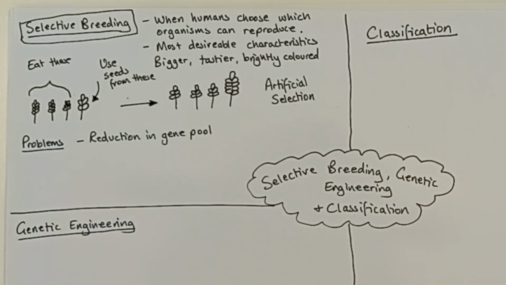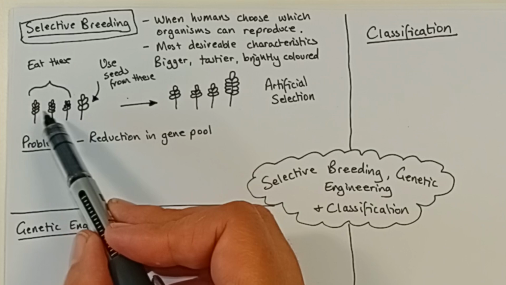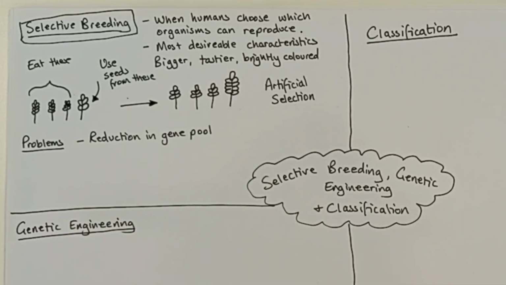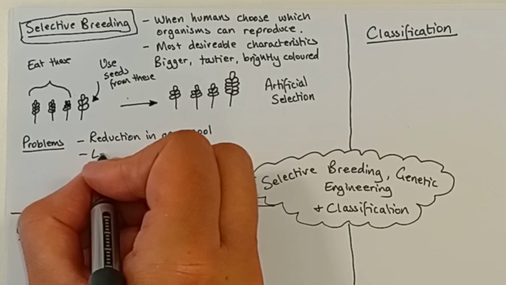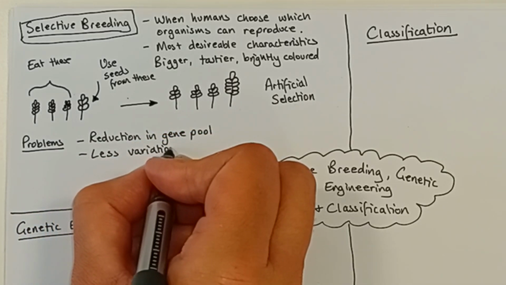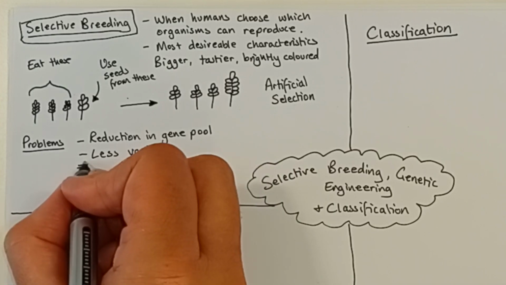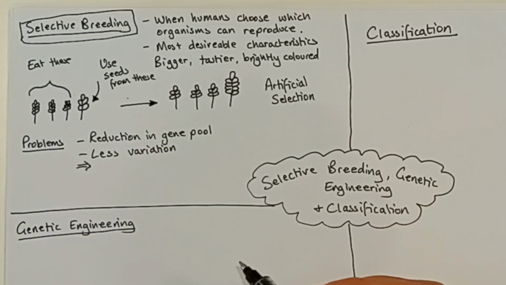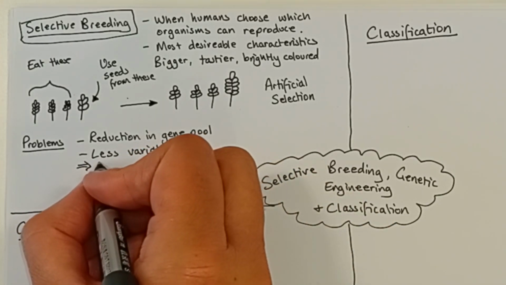Maybe it's more likely to survive disease. Maybe it's more likely to survive an increase in temperature, environmental change. So there is less variation, and that means that's inevitably a bad thing, because less likely to survive disease or environmental change.